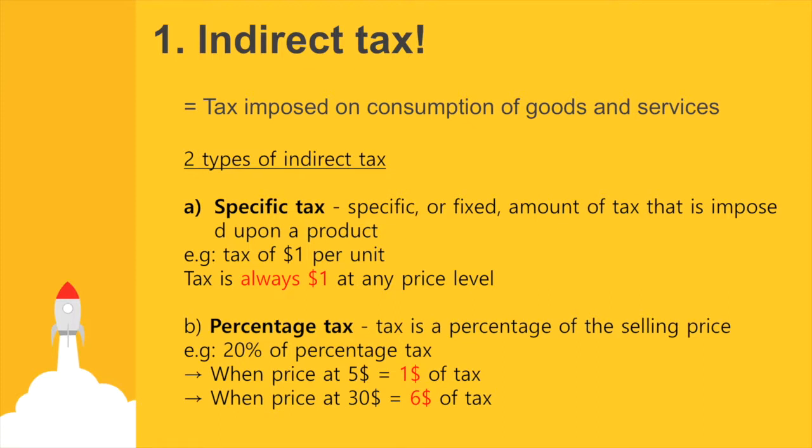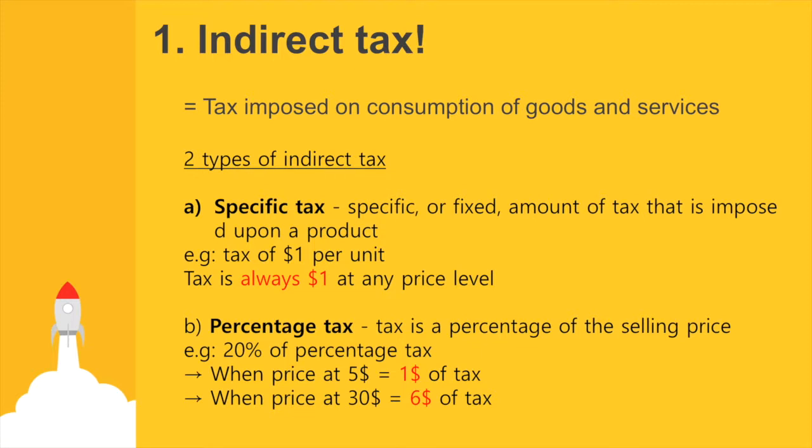On the other hand, the second type of indirect tax, which is percentage tax, is a percentage of the selling price. So for example, 20% of percentage tax on cigarette. When priced at $5, consumers have to pay $1 of tax. That's a simple calculation. 5 times 0.2, which is $1.